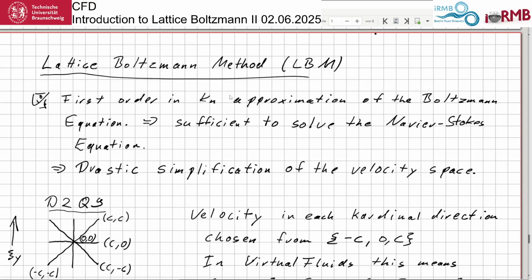The Navier-Stokes equation is obtained from the Boltzmann equation at first order in Knudsen number. So we do a first order in Knudsen number discretization of the Boltzmann equation and expect that we'll get something that solves the Navier-Stokes equation.